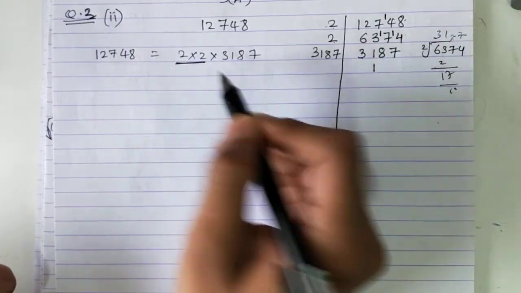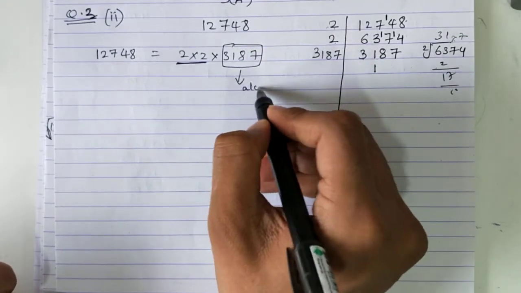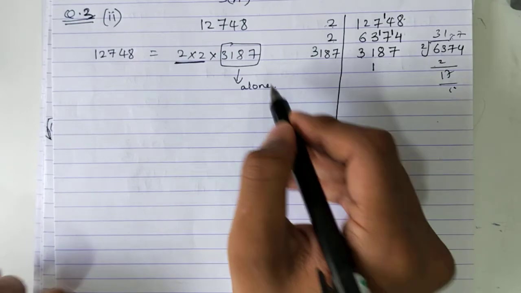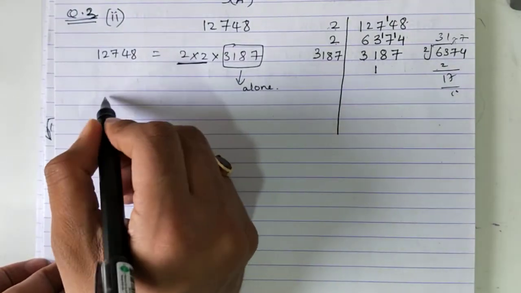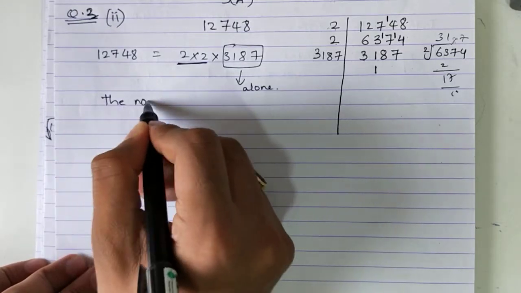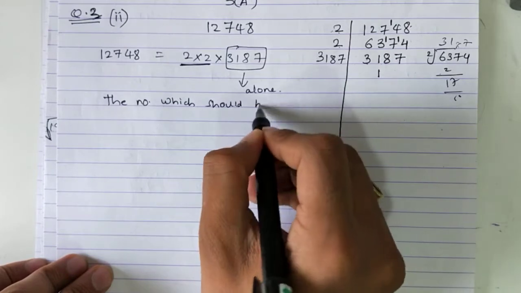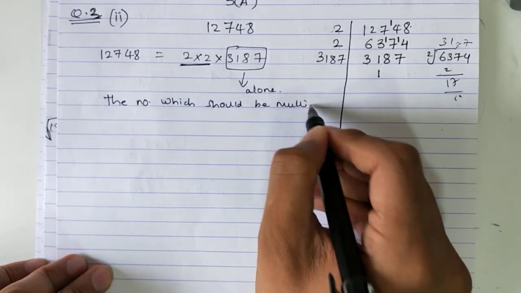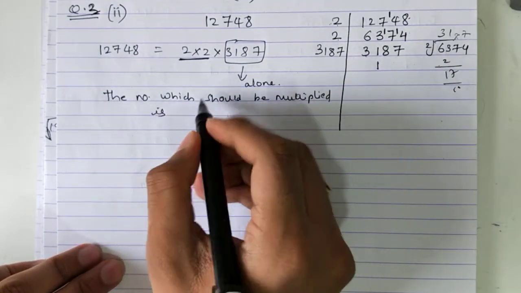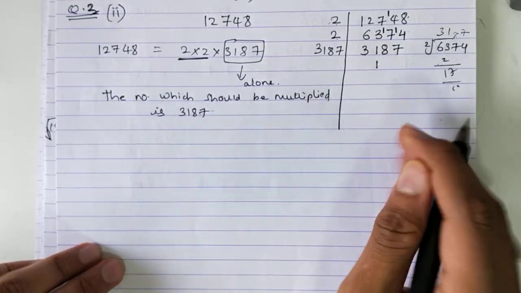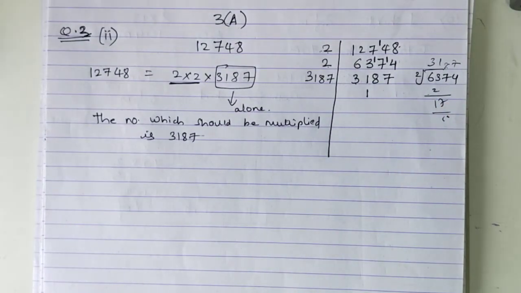This 2 and 2 is forming a pair, but this 3187 is alone. And if this is alone, that means this is my answer. So the number which should be multiplied is 3187.